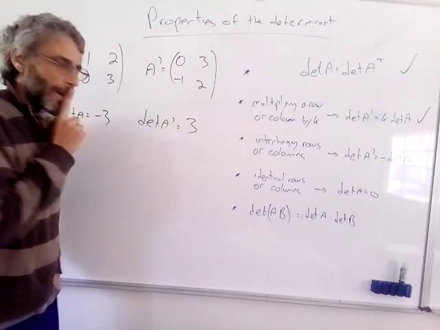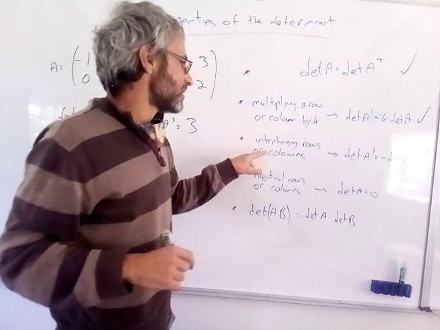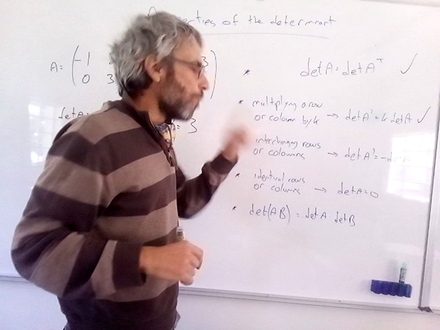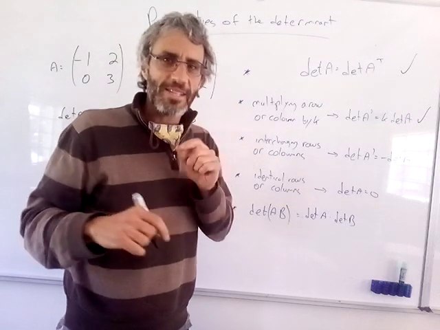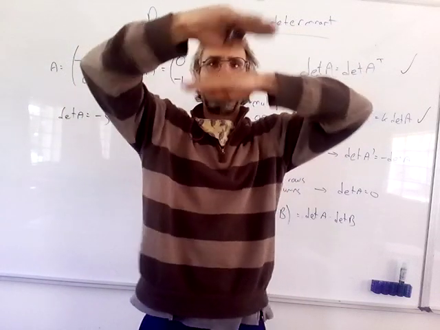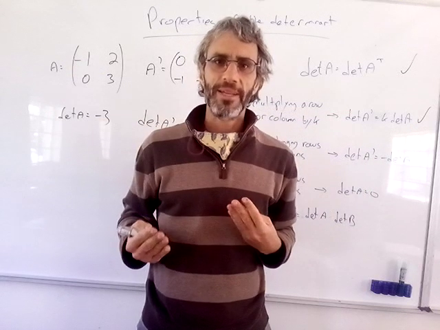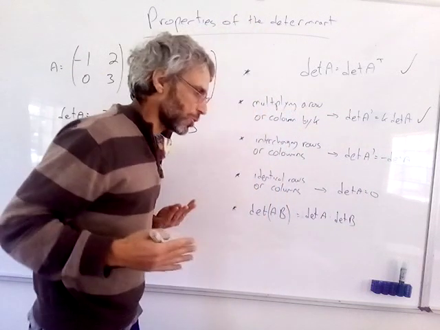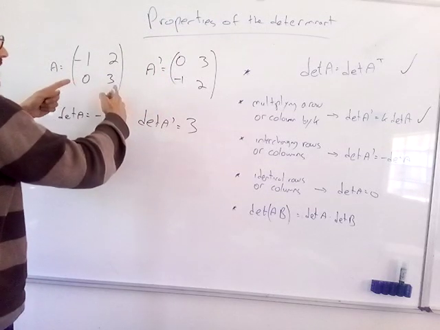Now again I'm expanding it. What happens if I interchange more than one row? Let's say I have a 3 by 3, then I swap rows 1 and 2, and then I swap rows 2 and 3. What will happen there? Well, I'm not going to show it to you in a 3 by 3, because it's going to take a bit longer, but let's just look at our example.